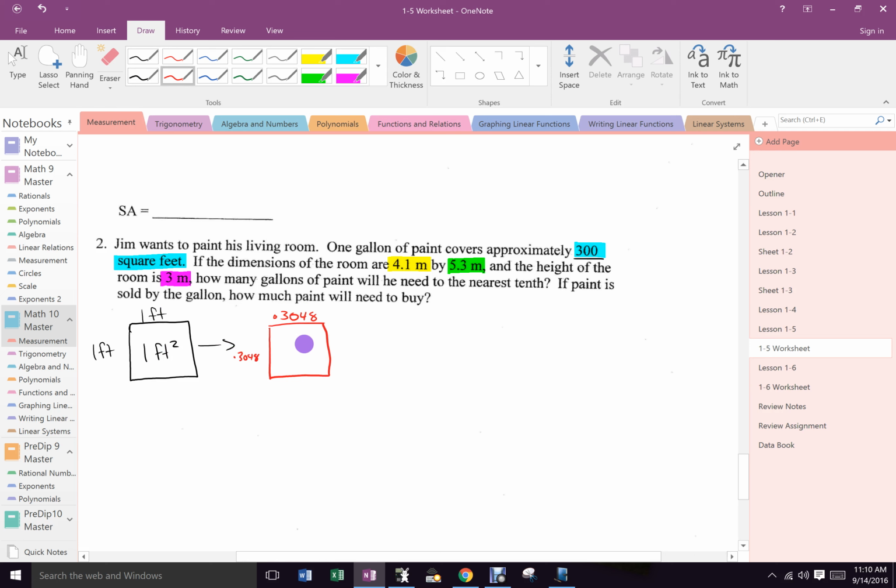So 1 square foot is actually 0.092 meters squared. And I need 300 of those.